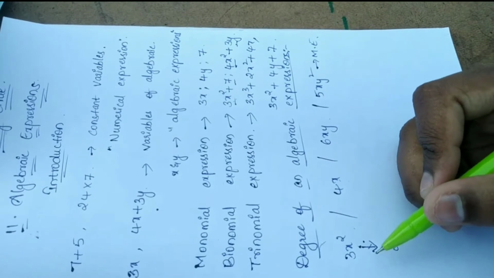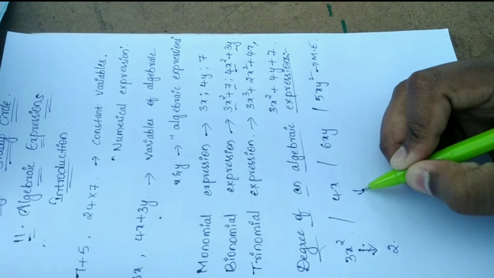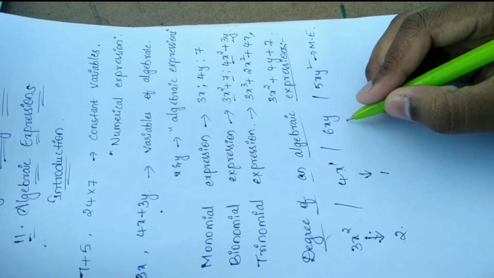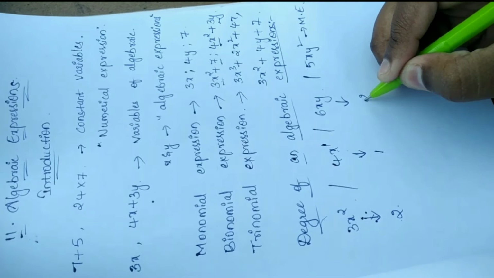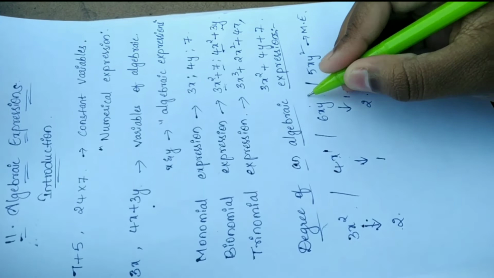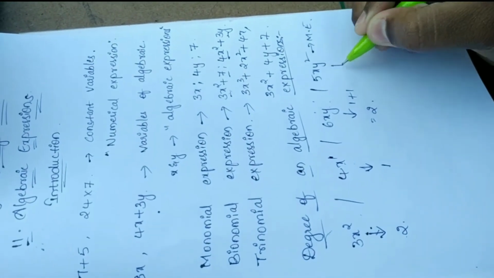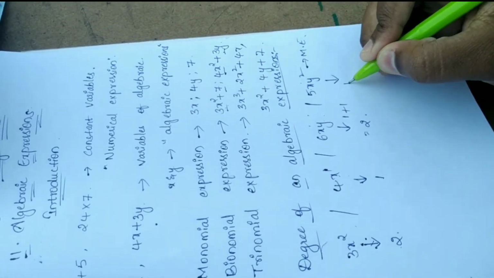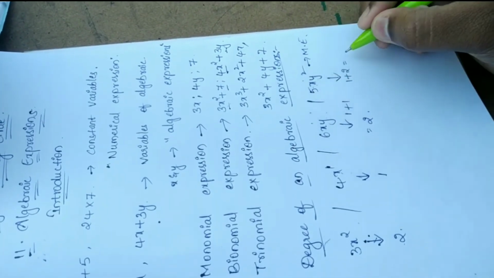Like here the degree of 3x square is 2 because the power of x is 2. Here the degree of 4x is 1 because the power of x is 1. Here the degree of 6xy is 2 because the power of x is 1 plus the power of y is 1. So the degree of 6xy is 2. Here the degree of 5xy square is the power of x is 1 plus the power of y is 2. So the degree of 5xy square is 3.